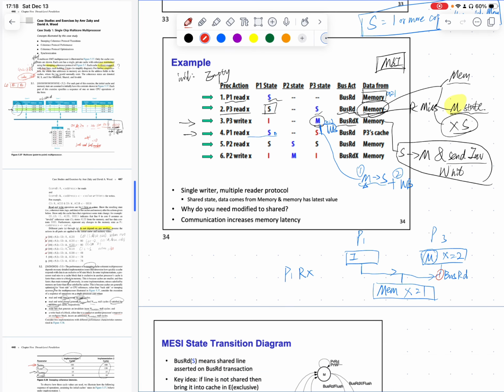And second, the modified copy needs to pass the value back to the memory, and also answer your bus read. So I would say second is a write back of the new value, right? And the third, you will answer the bus read.